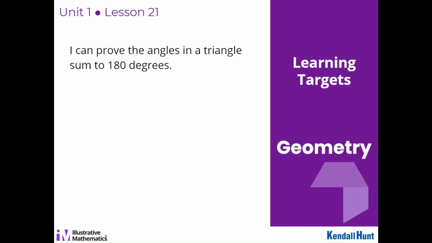We have one learning target today. Once we're done with the practice problems, we will come back and review this learning target just to make sure you understand everything you need to before moving on to future lessons. The learning target for this lesson says that you can prove the angles in a triangle sum to 180 degrees.